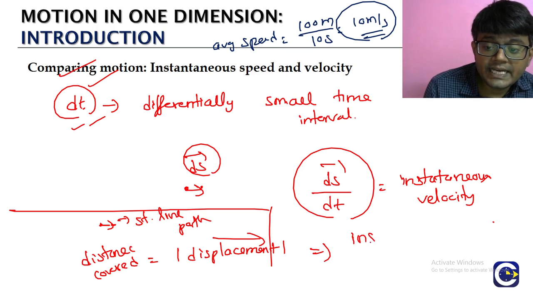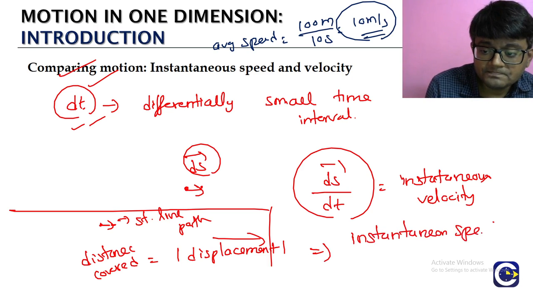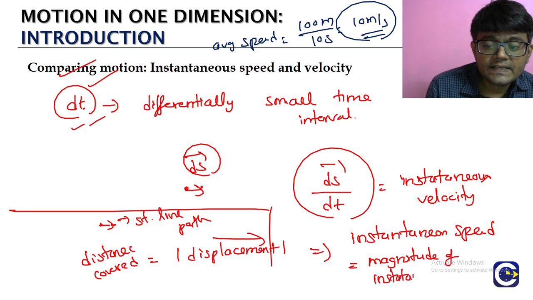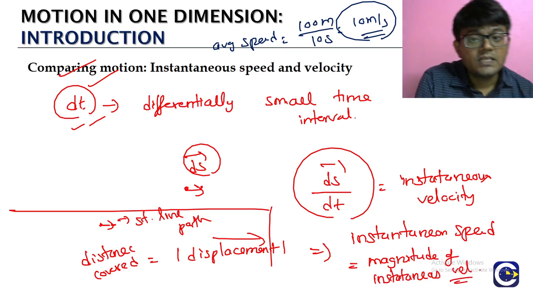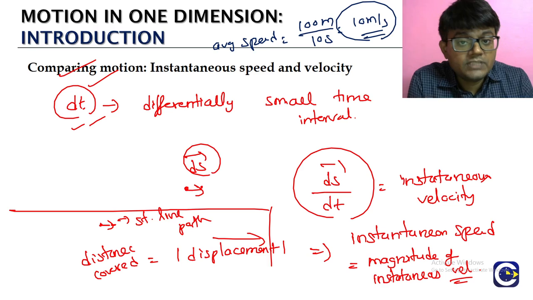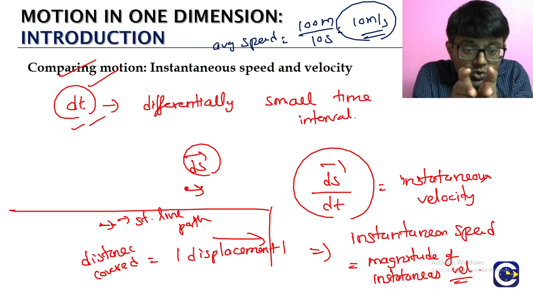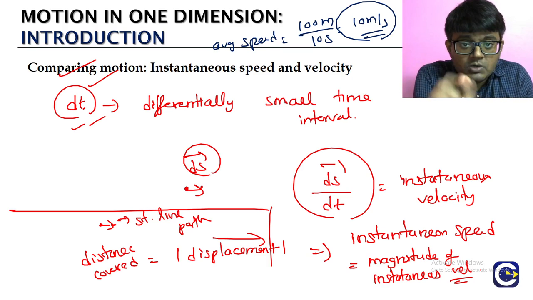So as a result, what we'll have? The instantaneous speed will be equal to what? Magnitude of instantaneous velocity. Because remember, when we said speed will be equal to magnitude of velocity when the object is going in a straight line path without changing direction, the time interval is so small that can you think about a curved path and all there?